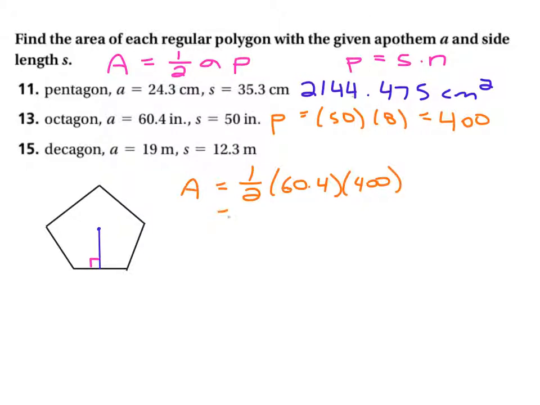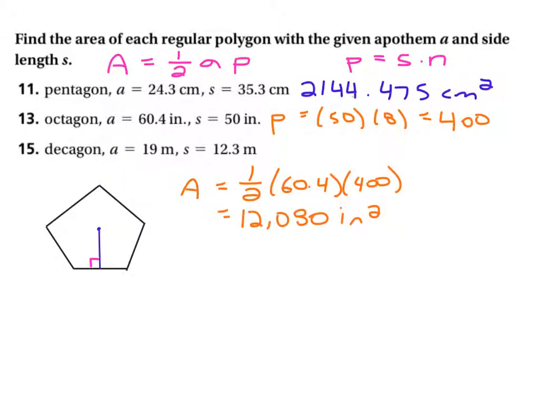And then multiplying these numbers together, we get 12,080. And what were the units? The units were inches, so we've got inches squared.